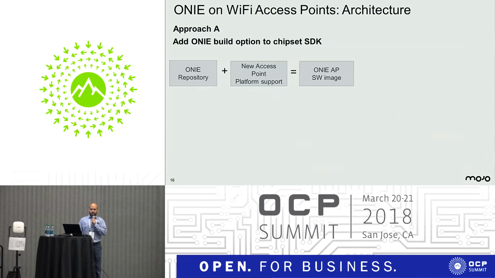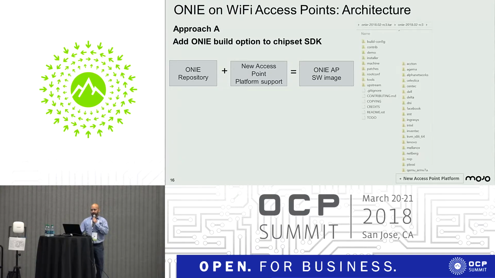There are two approaches to getting ONIE on an access point. The traditional approach is what happens in the switches world, which is you basically add your platform support to the ONIE repository. The ONIE repository looks like this, and there's a machine directory there, which has all the switches, and you would add another access point platform at the bottom.